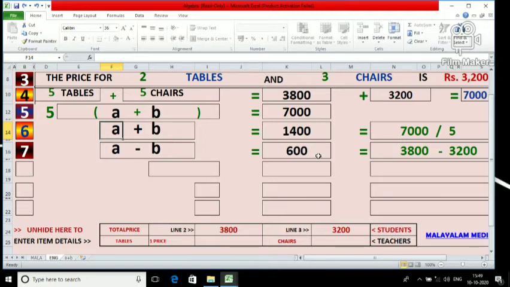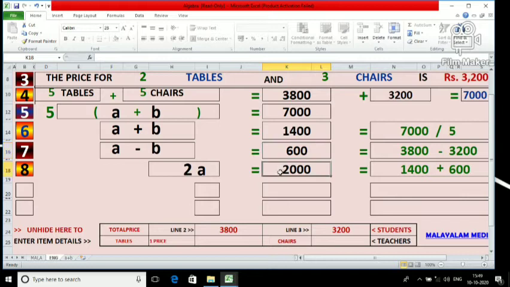So he has to pay 600 rupees more. So for getting 2 tables, he paid 2,000 rupees. Already he has paid 1,400. Now he has to pay 600 more.